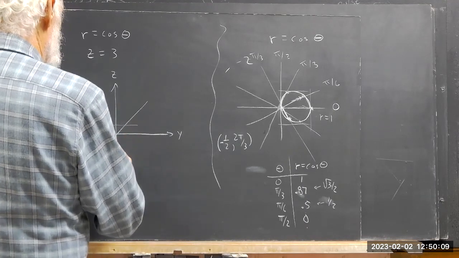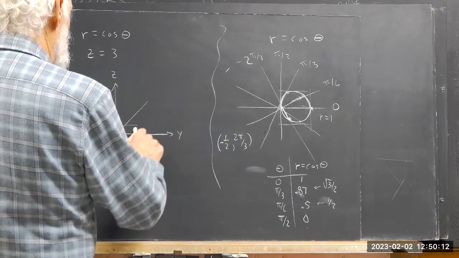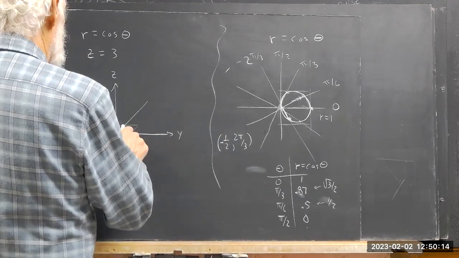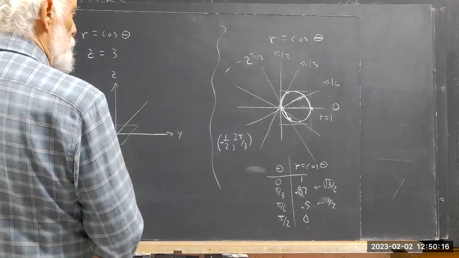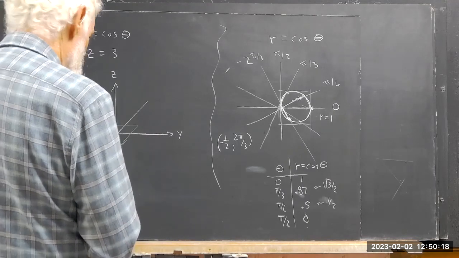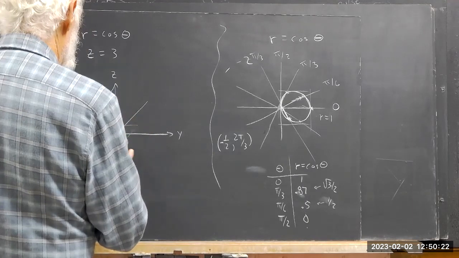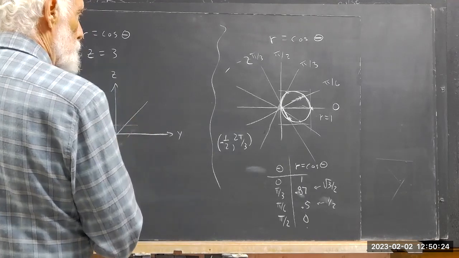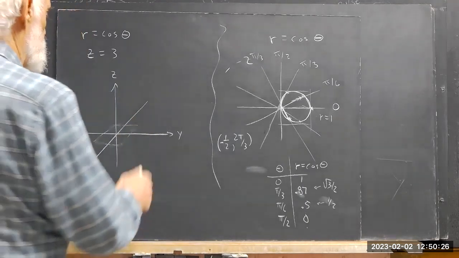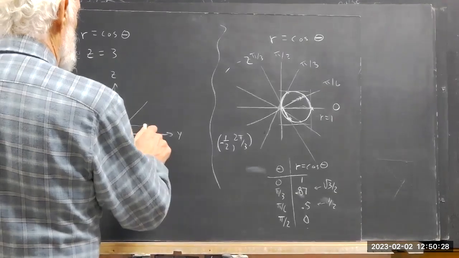Good. I'm in the wrong place. You've got one in the wrong place. It's in the first and second quadrants. Let's get it.